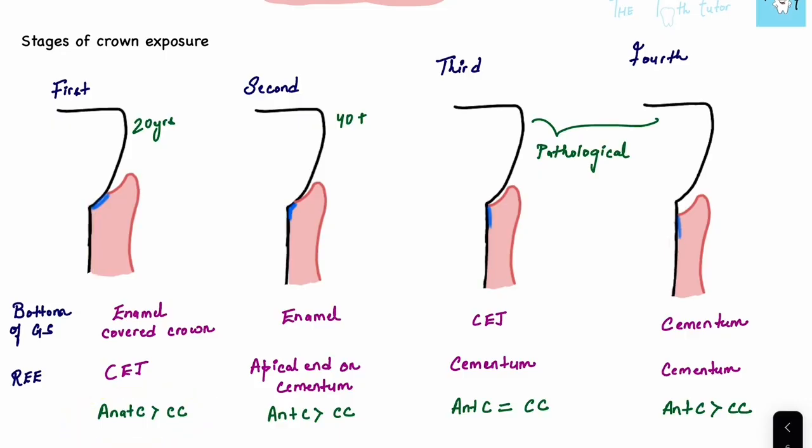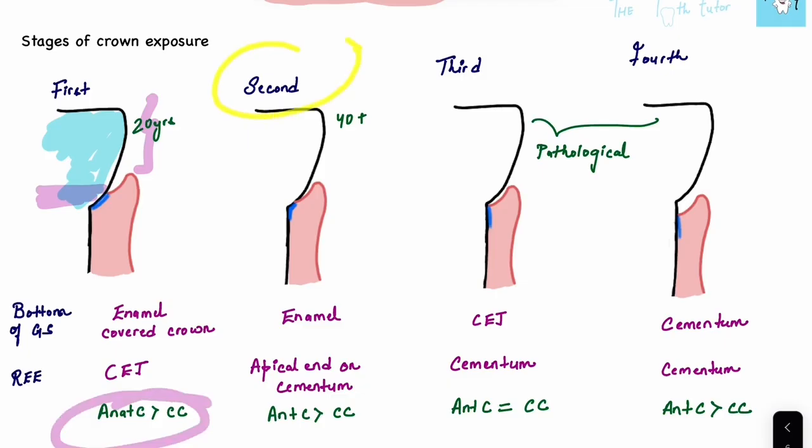My anatomical crown is this entire portion, but my clinical crown is only this much, because the gingiva is extending up to here. So the anatomical crown is greater than the clinical crown.